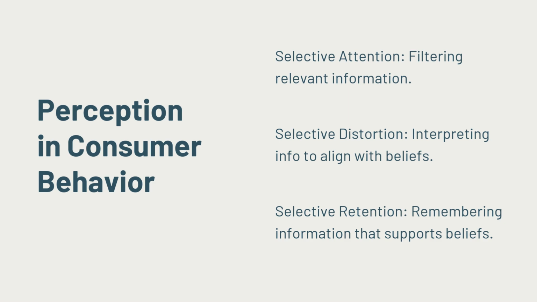Though the idea of subliminal advertising has been the subject of a lot of debate and skepticism, some marketers attempt to use subtle cues to influence perceptions. Now, in practice, subliminal perception often involves embedding messages or imagery in advertisements that consumers might not consciously recognize, but it definitely affects their attitudes or behaviors.